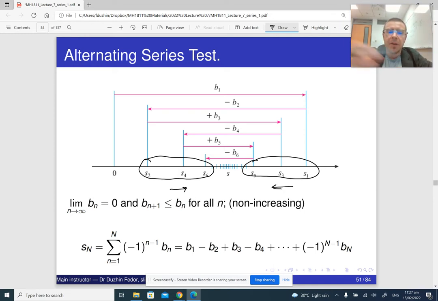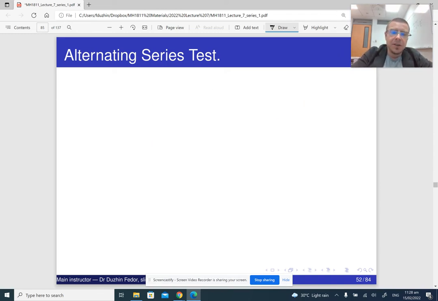And we can apply the monotone convergence theorem here. So we can prove that these two sequences are convergent by applying the monotone convergence theorem that tells you that if a sequence is increasing or decreasing, and if it is bounded, then it is convergent. It has a limit, right? And here is how we can do it.